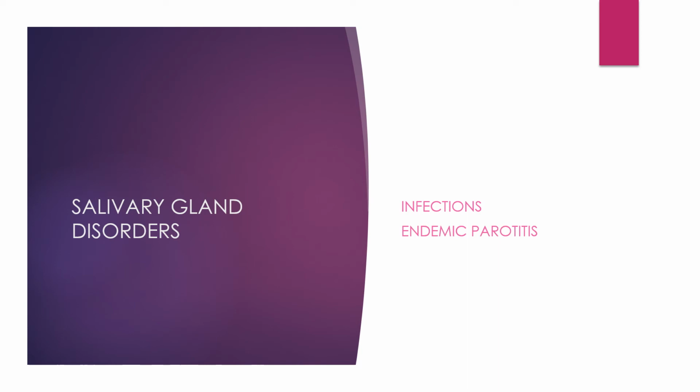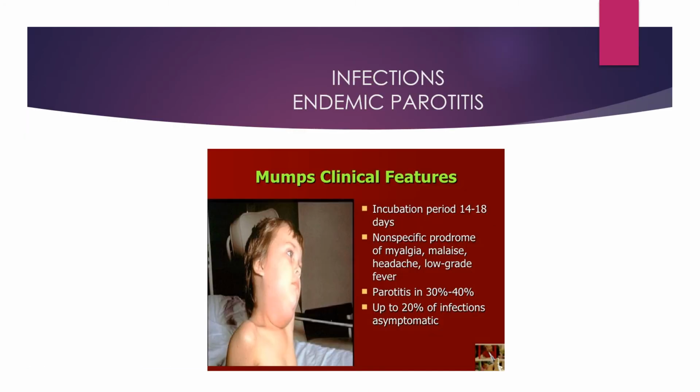So we'll now talk about infections. Endemic parotitis is caused by the paramyxovirus. Endemic parotitis is also called mumps. You can see some of the clinical features: about a 14 to 18-day incubation period, usually pain or headache, myalgia, muscle pain, malaise, low-grade fever, and parotitis.